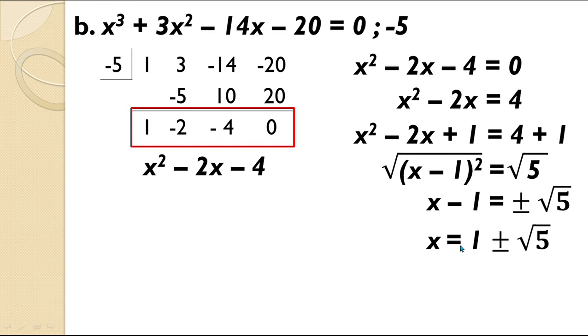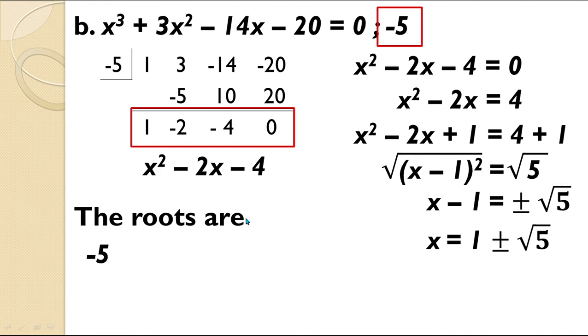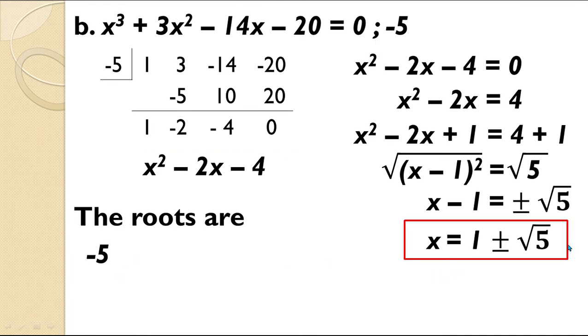So, x is equal to positive 1, positive negative square root of 5. The roots are, so yung first given root is negative 5. And we have also dito, so bali dalawa ito, 1 plus square root of 5 and 1 minus square root of 5. So, we have 3 roots sa given second example.